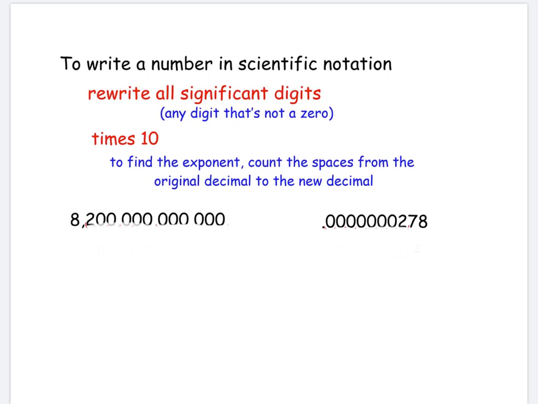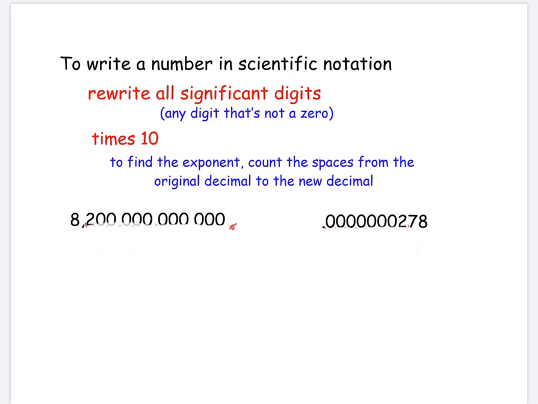So if we're looking at that first number, we're looking at it as being 8,200,000,000,000. Now that's a very large number. So when you have a whole number, your decimal always starts off here in the back. And then I need to make it so that it's a number that's between 1 and 10.